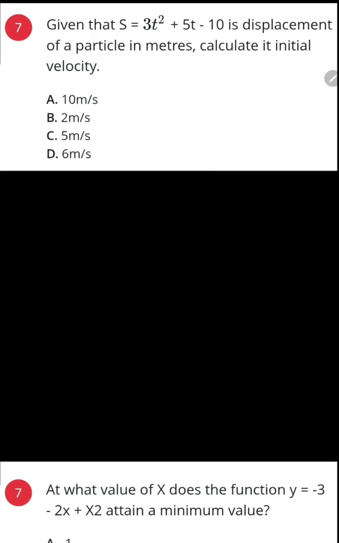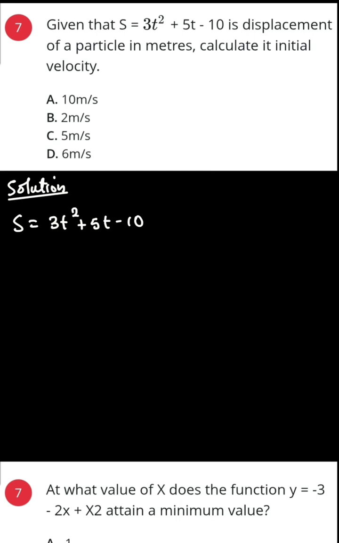Now, question 7, the solution, which is similar to the one I just finished solving, but with a small difference. We're given s equals 3t squared plus 5t minus 10. They say it's a displacement. Displacement is a kind of distance with direction, so we should take note of that.